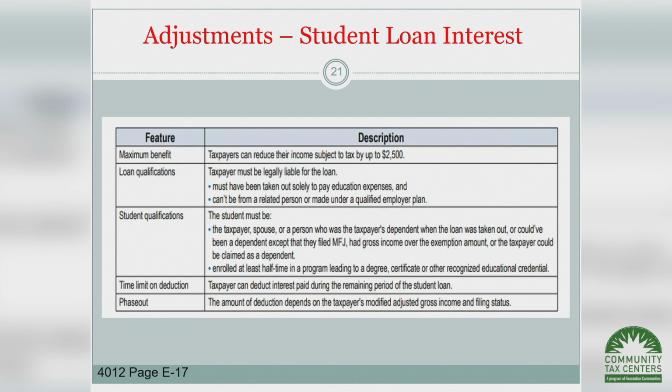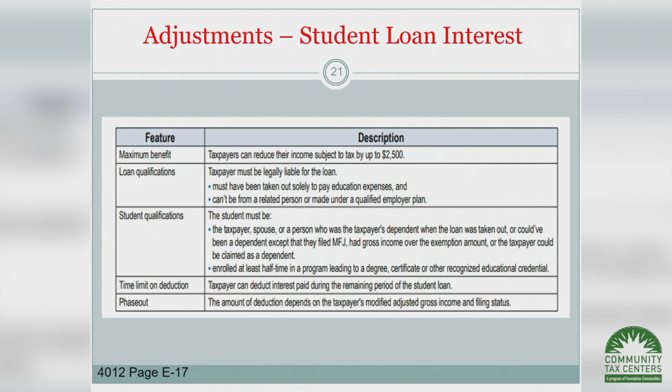But there are some instances where you cannot take advantage of that expense because of your gross income. And you don't need to worry about that because TaxSlayer is going to pick that up.